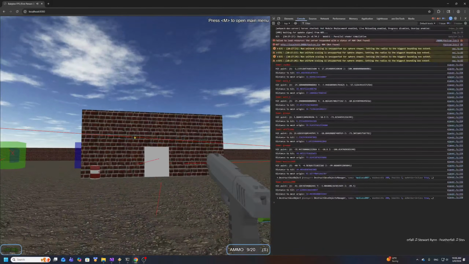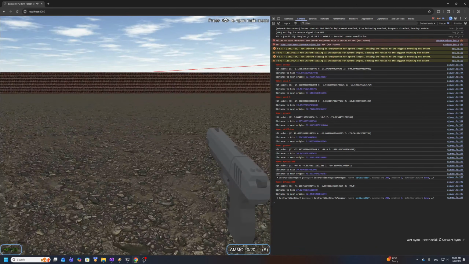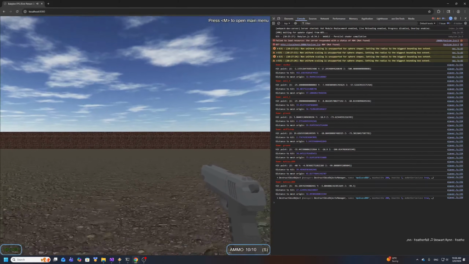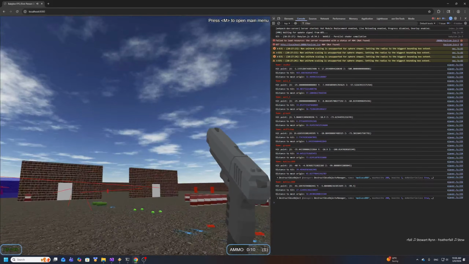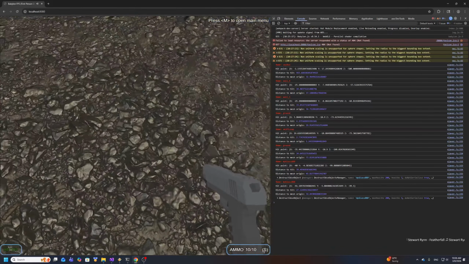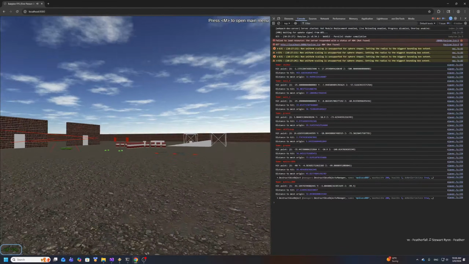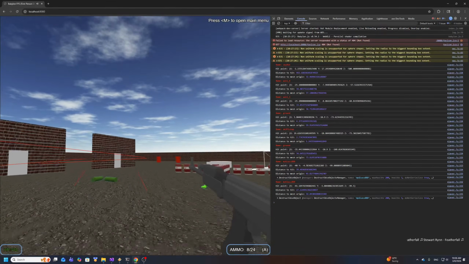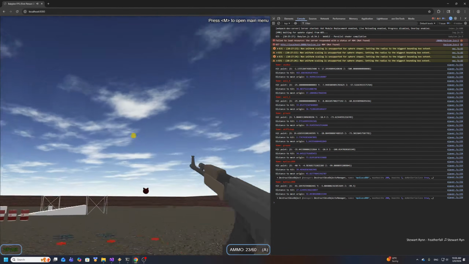Well, as you can see, bullets always come from the center, with accuracy and recoil applied, of course. Yeah, everything is coherent, everything happens with integrity. Yeah, I guess I fixed the issues.